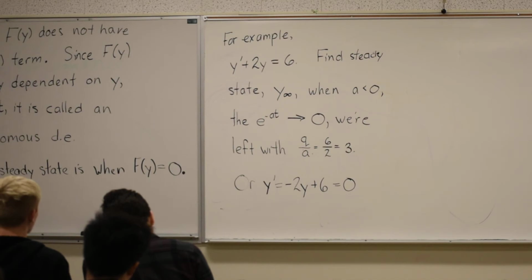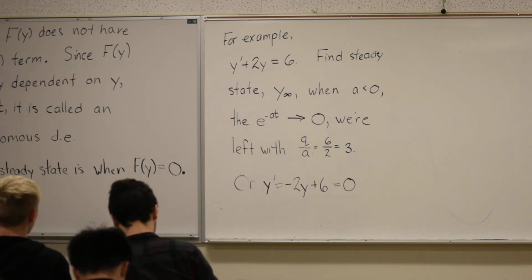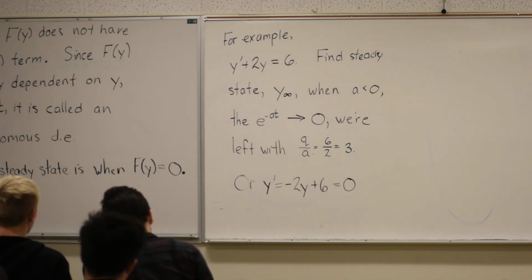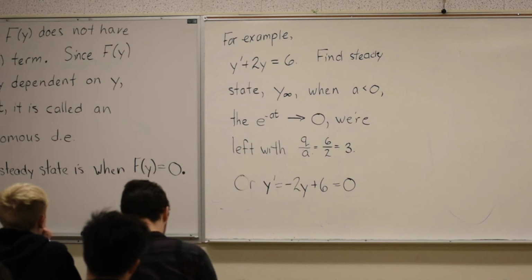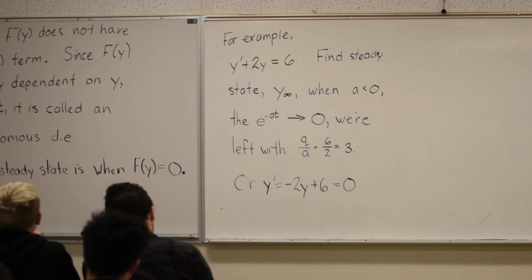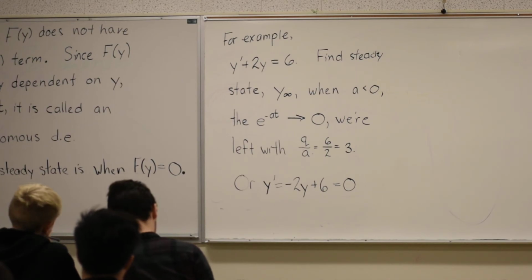Isn't it negative q over a because a is negative? It depends on where you put the 2y term. In this equation, a is negative 2, because you're dealing with y prime minus a y.